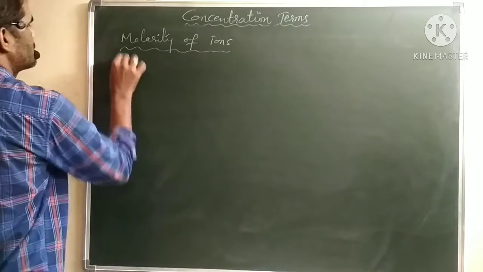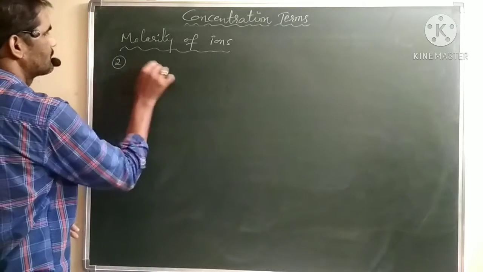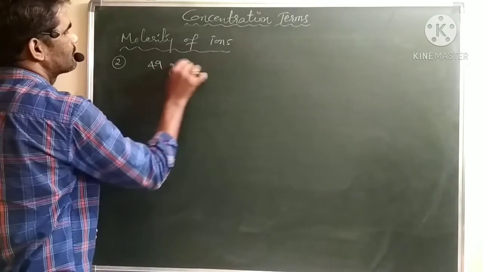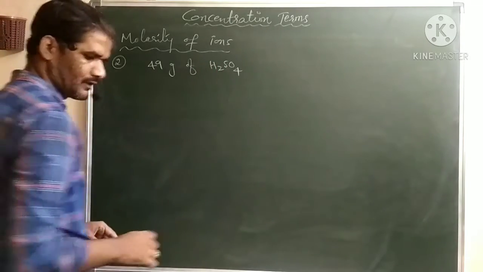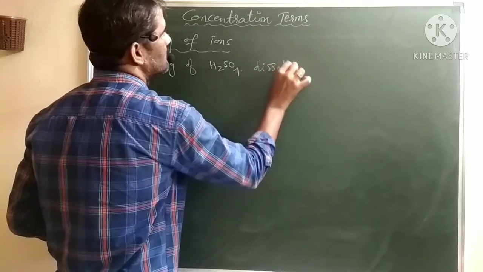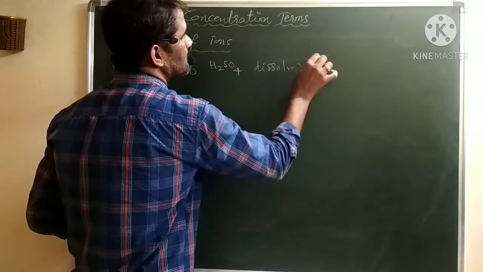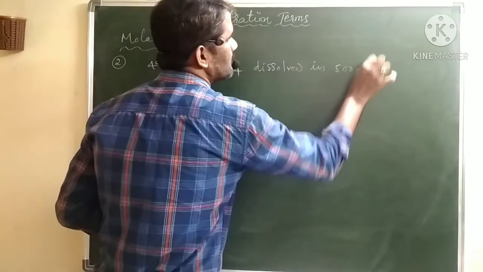Next we will see one more question on molarity of ions. Let us assume 49 grams of H2SO4 is dissolved in 500 ml solution.